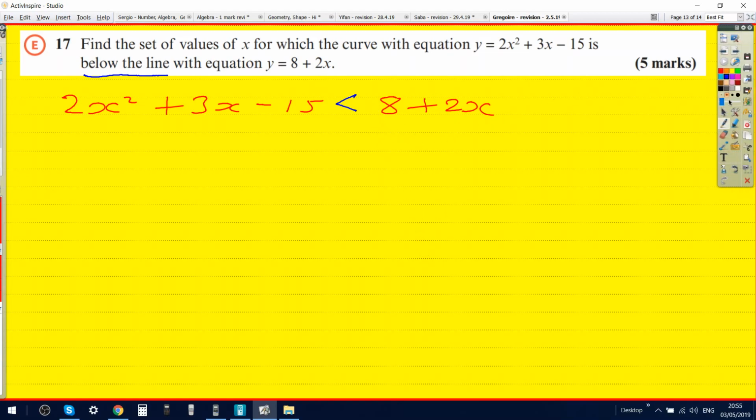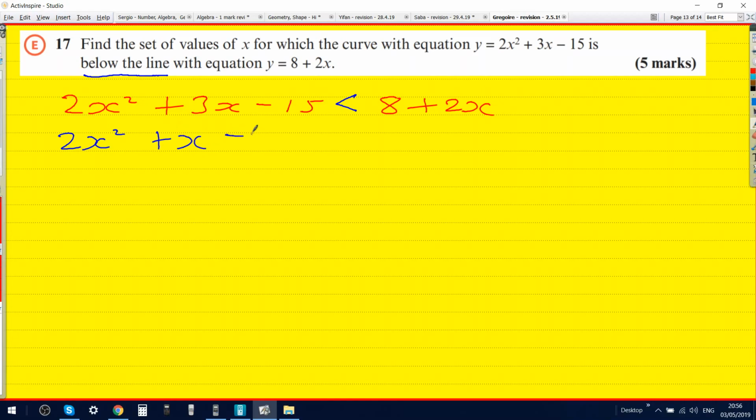Okay, go on. So then we can bring over the ones on the right to get 2x squared plus x minus 23 is less than 0. Yeah, go on, try it.